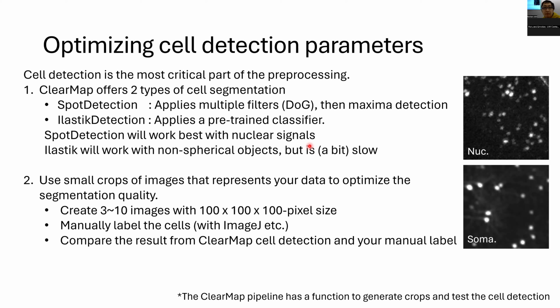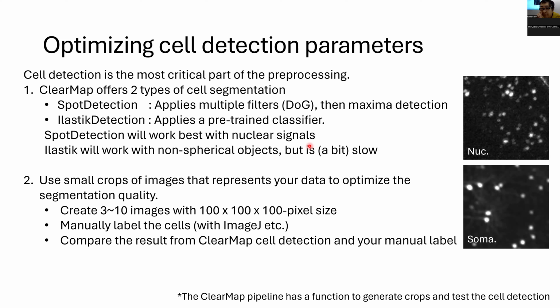So if you're imaging at like 1.6x on the SmartSPIM, which I think a lot of people will be doing, and you want to count cells from cFos or Ai14, that is labeling where your TRAP Cre line is labeling, then you're probably going to want to use Ilastik.